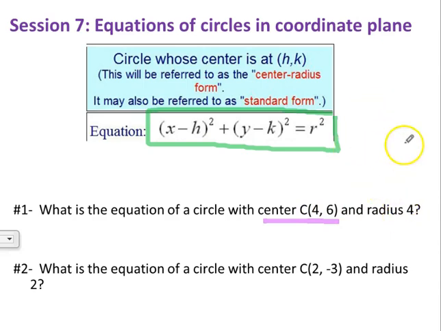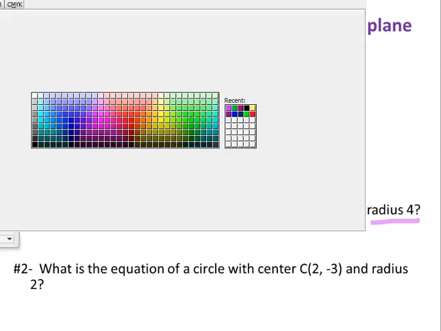And then out from that center, if we go in 4 units, that's the radius. So how would we write the equation of that circle? If you think you can do it, go ahead and click pause and try it first. I'm going to show you how it's done in just a moment.